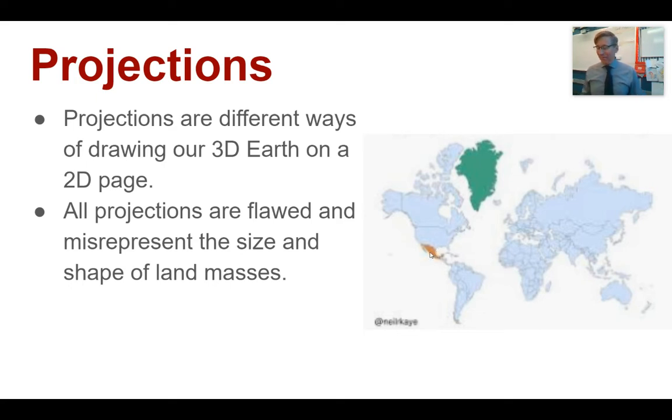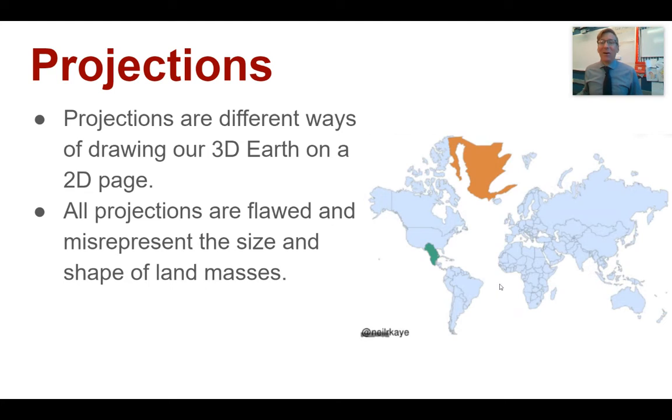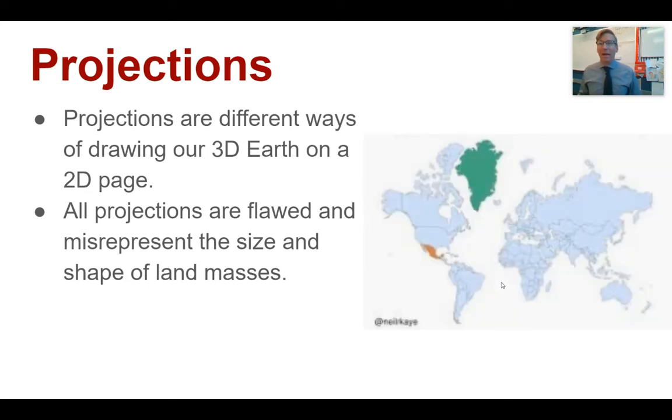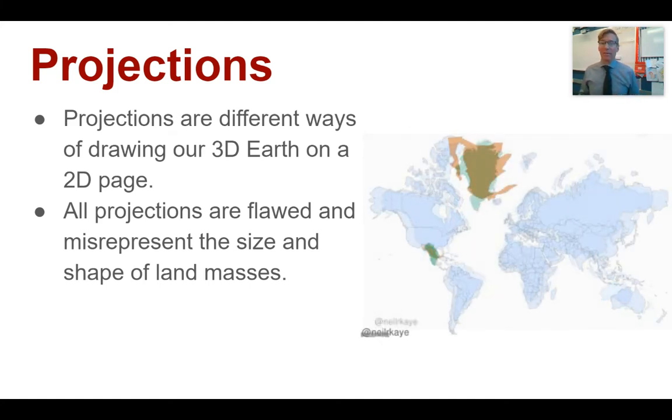But the reality of these two nations is that they are basically the same size. Greenland and Mexico are very close in square mileage. But if you just look at these maps, you think that Greenland is significantly bigger. It's not. This is how maps distort size and shape of land masses.